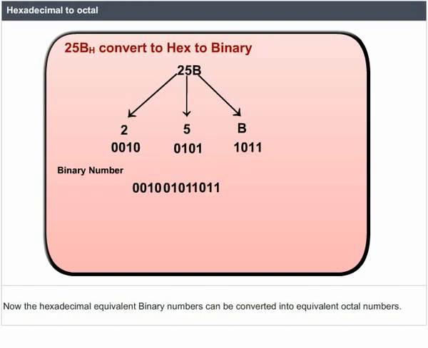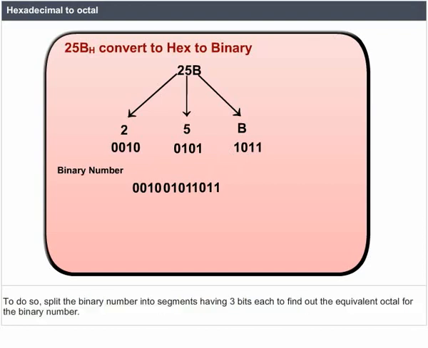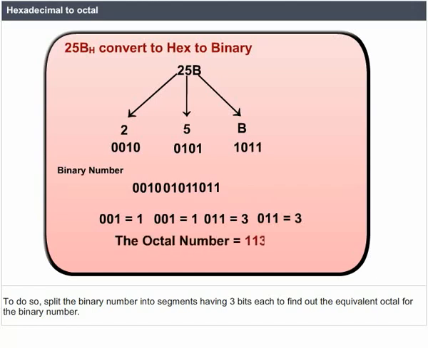Now the equivalent binary number can be converted into an octal number. To do so, split the binary number into segments of 3 bits each to find the equivalent octal digits. 001 equals 1, 001 equals 1, 011 equals 3, 011 equals 3. The octal number is 1133 to the base 8.